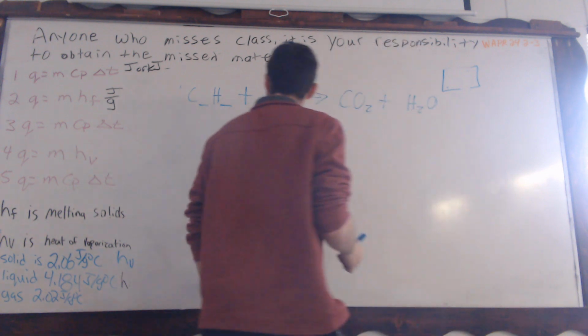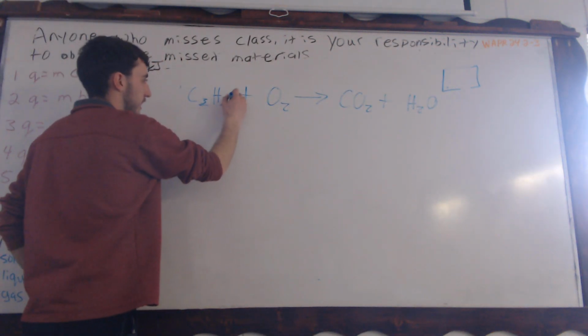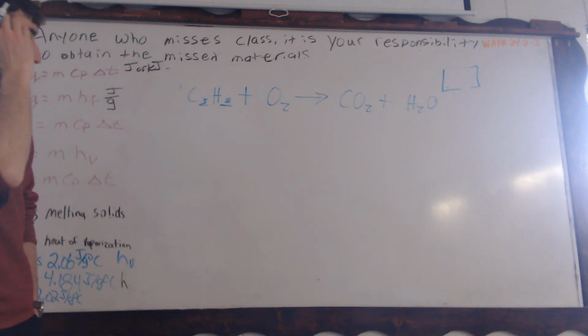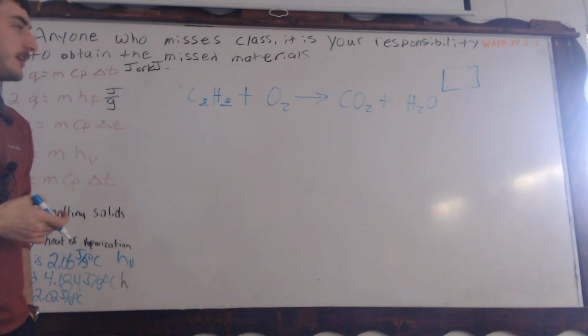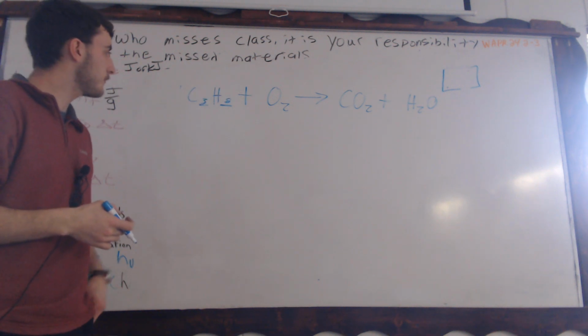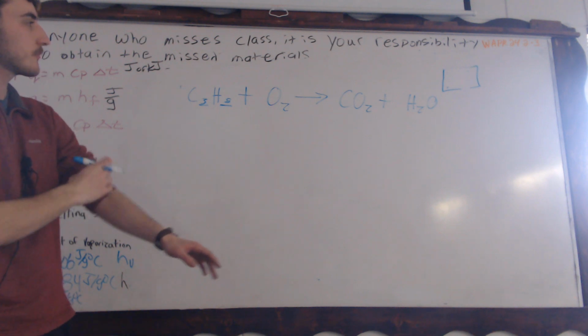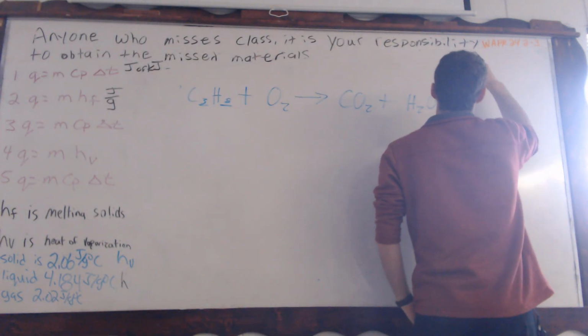If you ever see this, no matter if it's a 3 and an 8, or a 2 and a 6, or a 5 and a 10, whatever it may be, this will always be combustion. You'll always put CB right away.